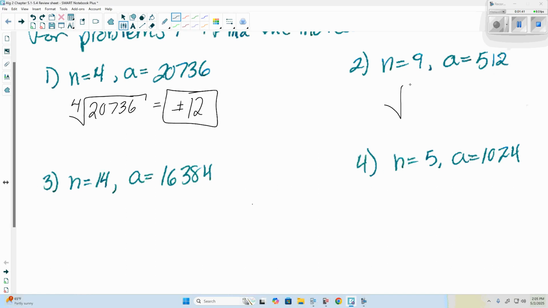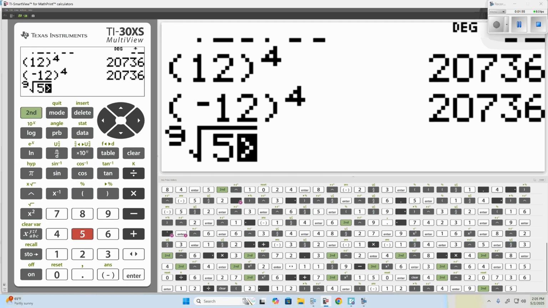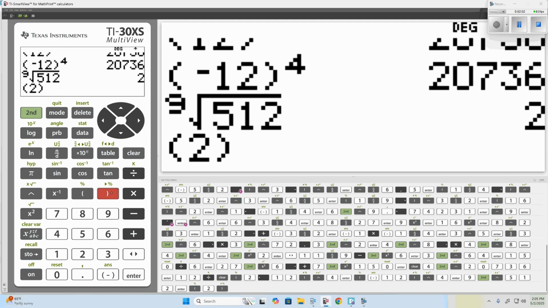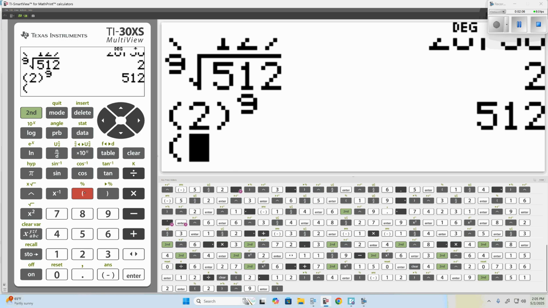Now, if we do the same thing with number 2, the ninth root of 512. Let's try rewriting that again. 512. Let's see what we get. Ninth root of 512 is 2. So when it's telling us 2 to the ninth power is 512.